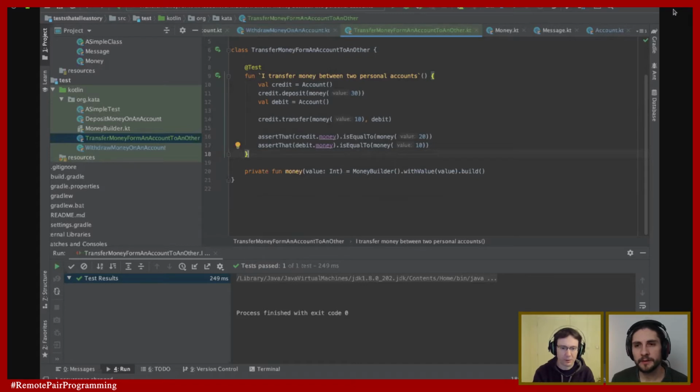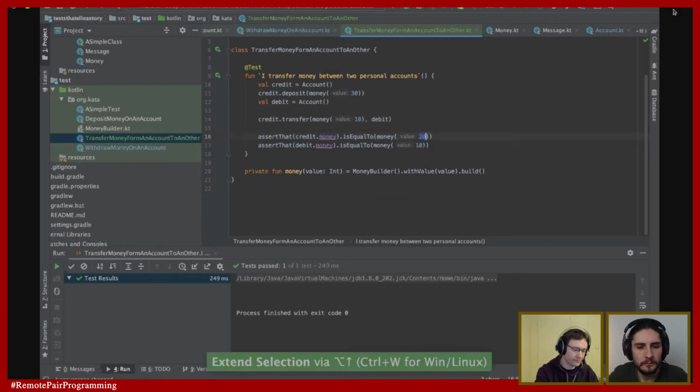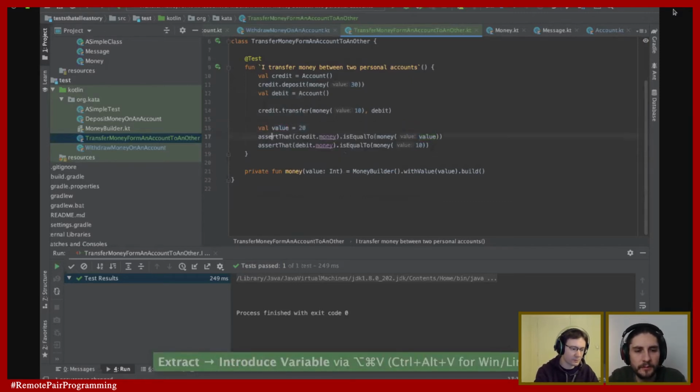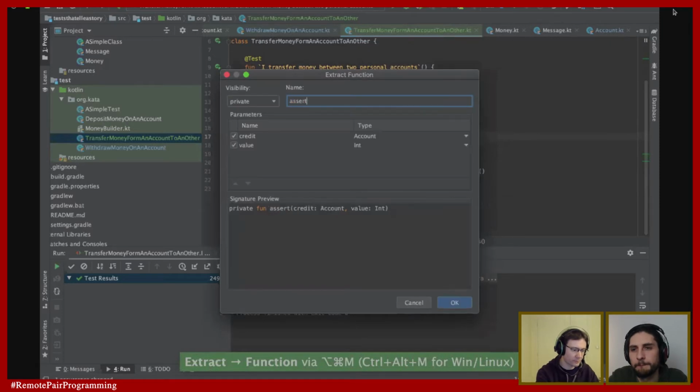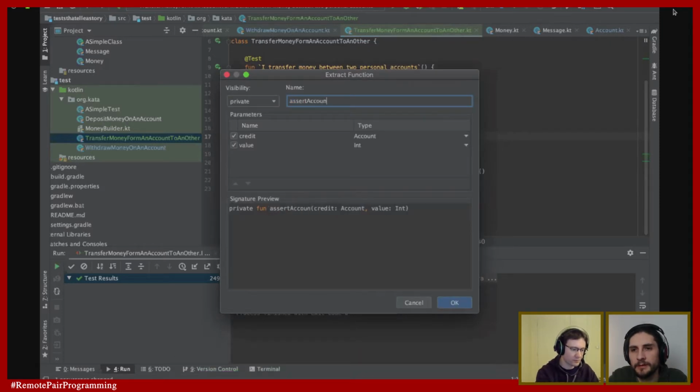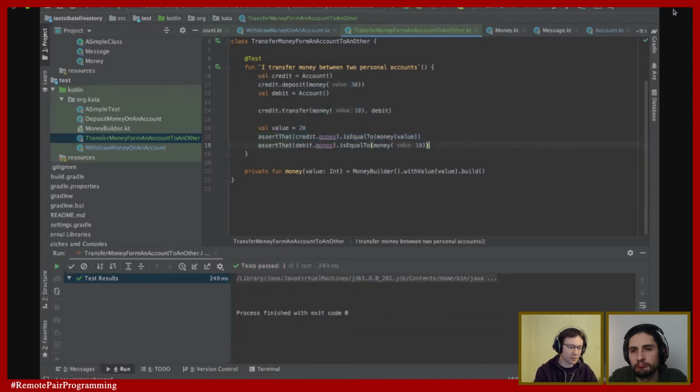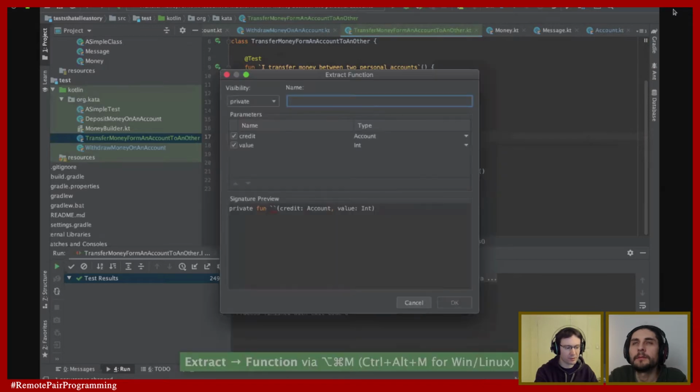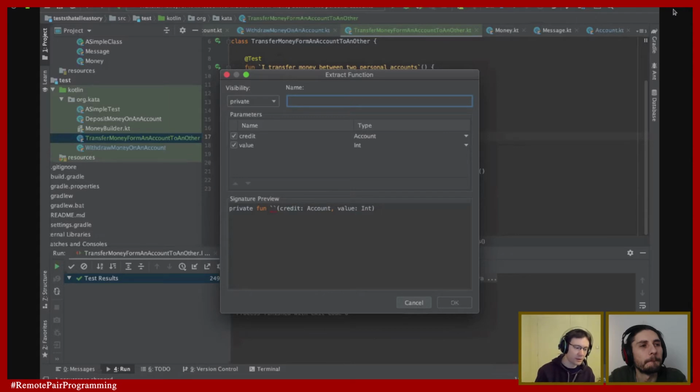I would extract a helper method or a custom assert, because we'll have more of these tests with transfer. Assert money was sent, money was transferred. Oh, okay. So you want to extract both asserts into a single one? No, just one of them. But this one would be something like assert that account has this amount of money.